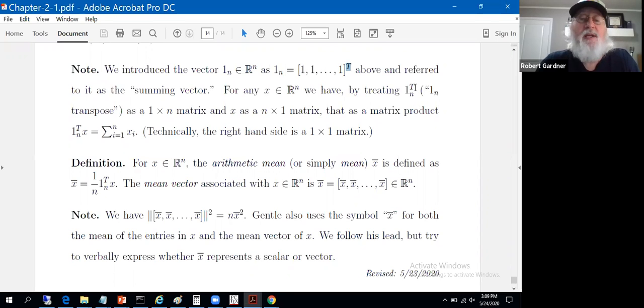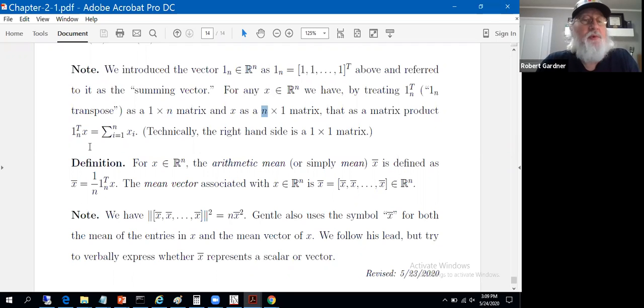So we'll take 1 sub n transpose, a 1 by n matrix, and treat this vector x in Rn as a column vector, so it's an n by 1 matrix. If I want to multiply these two together, I really can, because the n dimension here is the same as the n dimension here, so the product exists as a matrix product.